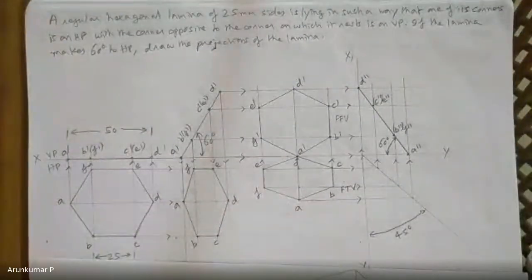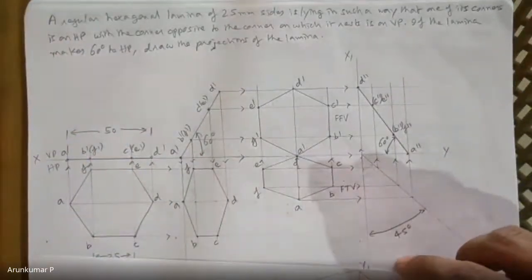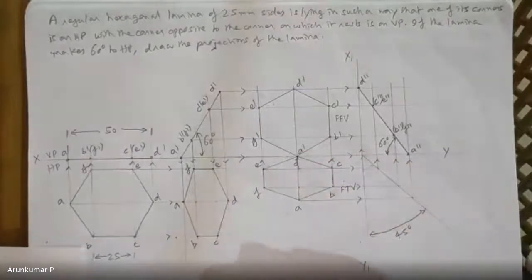So now I think I'll give you a couple of problems. Have I given any problem for assignment? I think two I've given. I'm not sure. I think two I've given, for square and rectangle.